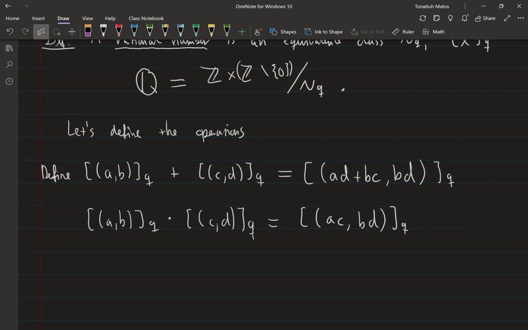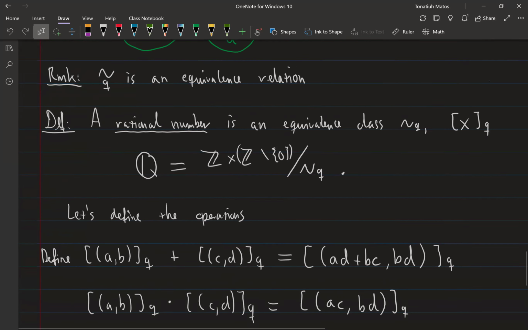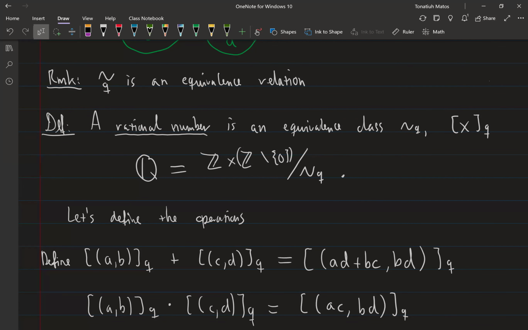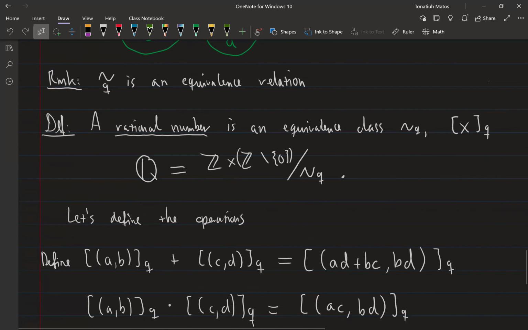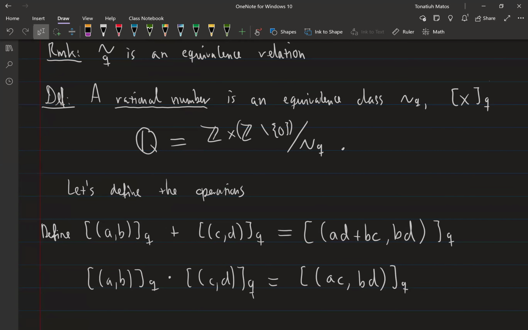My goal is for you to know that these constructions can be made and we can formalize them, but there's a lot more to be said. We have to find a balance between those things that are too technical and tedious and those that will actually teach you something new about how these objects work, right? So this is how we construct the rationals from the integers.